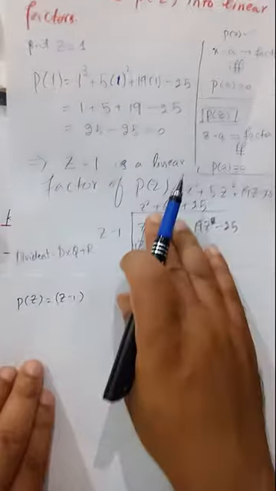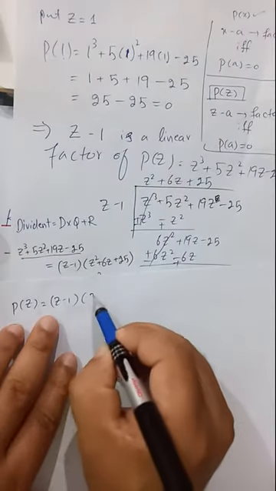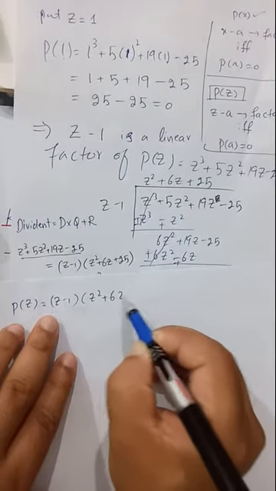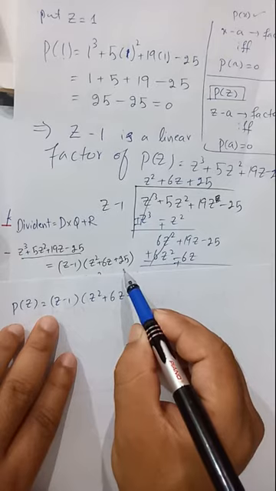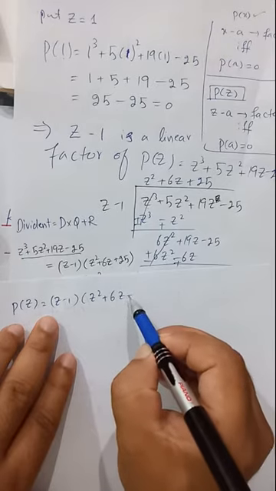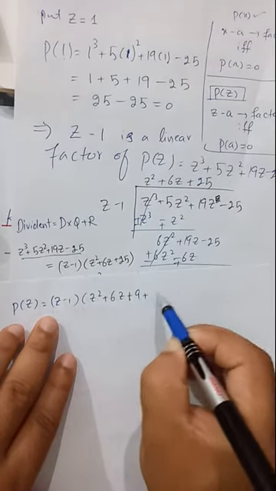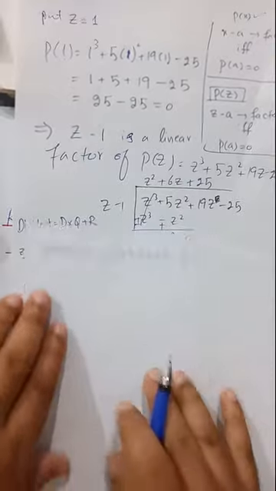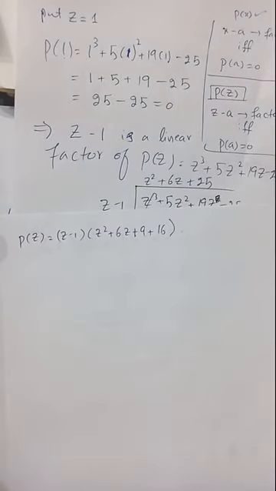So p of z is equal to z square plus 6z. I can write 25 as 9 plus 16.